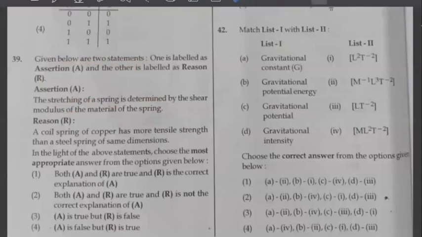And yes, the shape of the spring is changing when I stretch it or compress it. So yes, I agree. And a coil spring, what's a coil spring? Coil spring is like a coil. Coil spring of copper has more tensile strength than a steel spring. A steel spring means a normal spring like this, which has more tensile strength of the same dimensions.